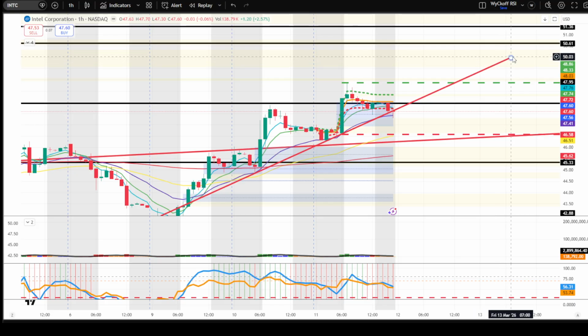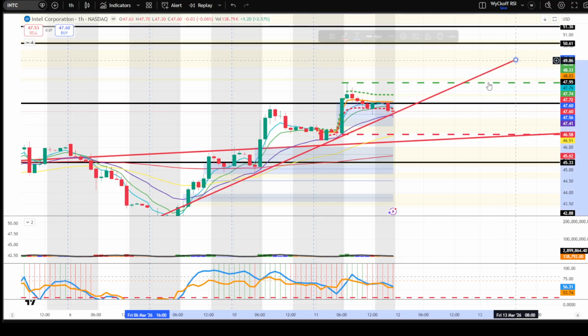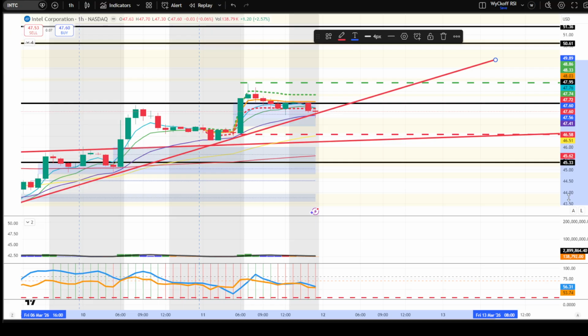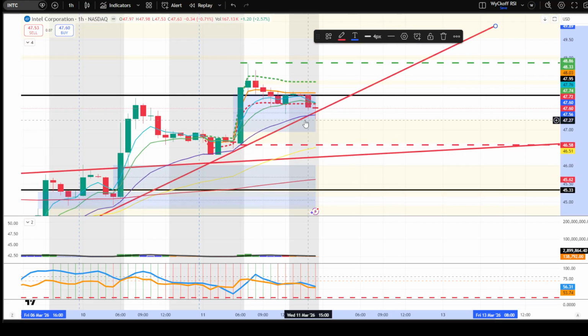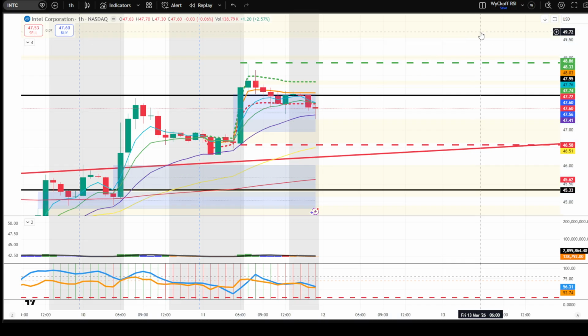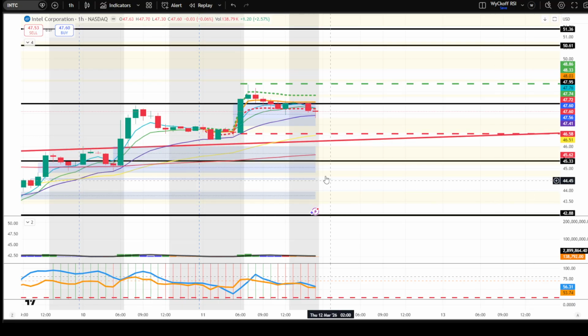And so because this closed here and we're going to go into pre-market, this can either slide down or slide up and then slide down. So it's not always as predictable trying to draw the trend line.